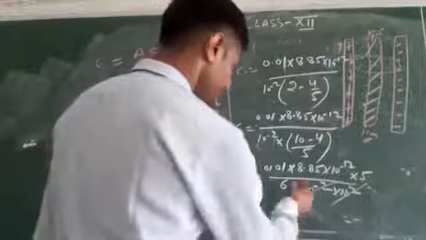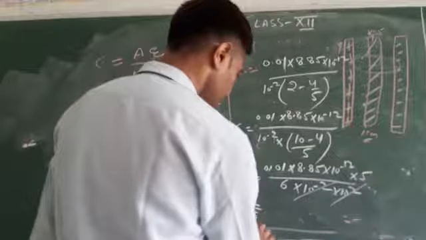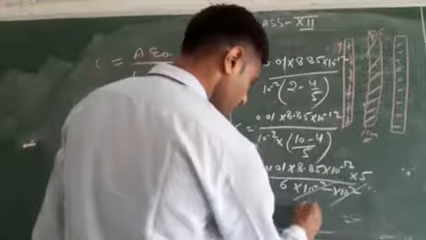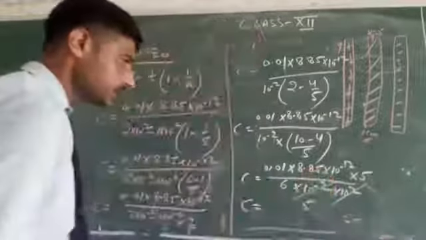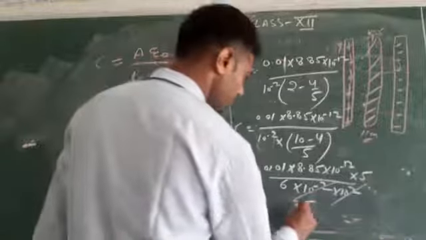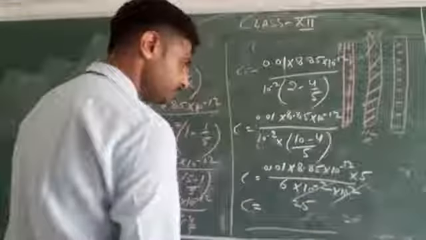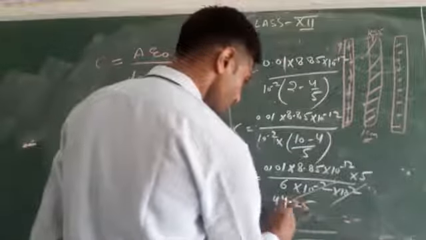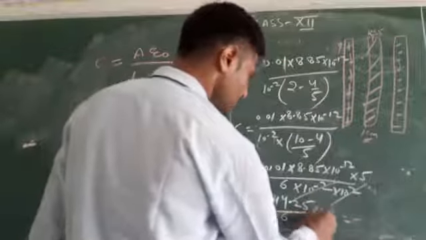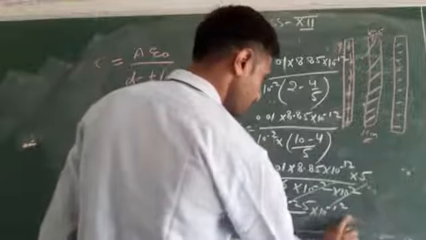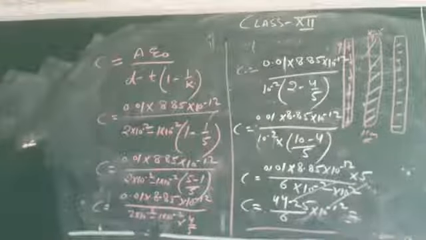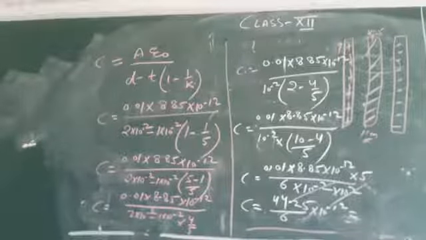So C is equal to 5 times 8.85, which is 44.25, upon 6 into 10 to the power minus 12. When 44.25 is divided by 6, what will come?